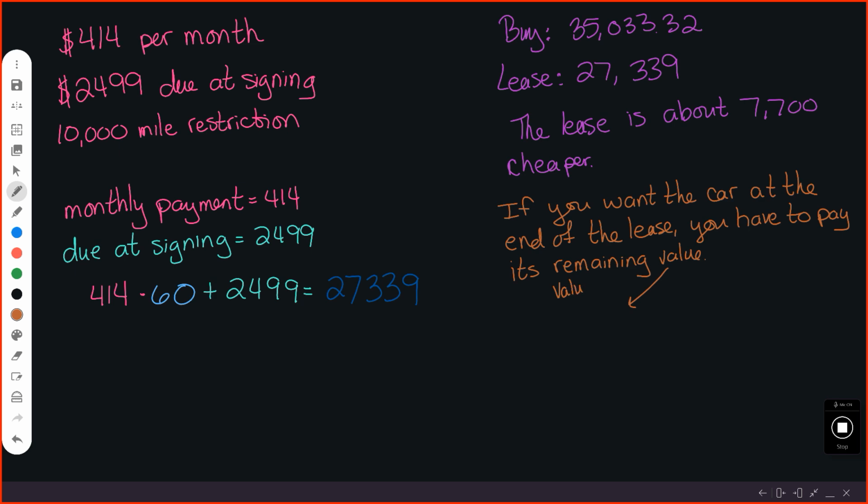The value is less than $7,700, or the value is more than $7,700. If the value is less than $7,700 afterwards, leasing is less expensive if you buy the car.